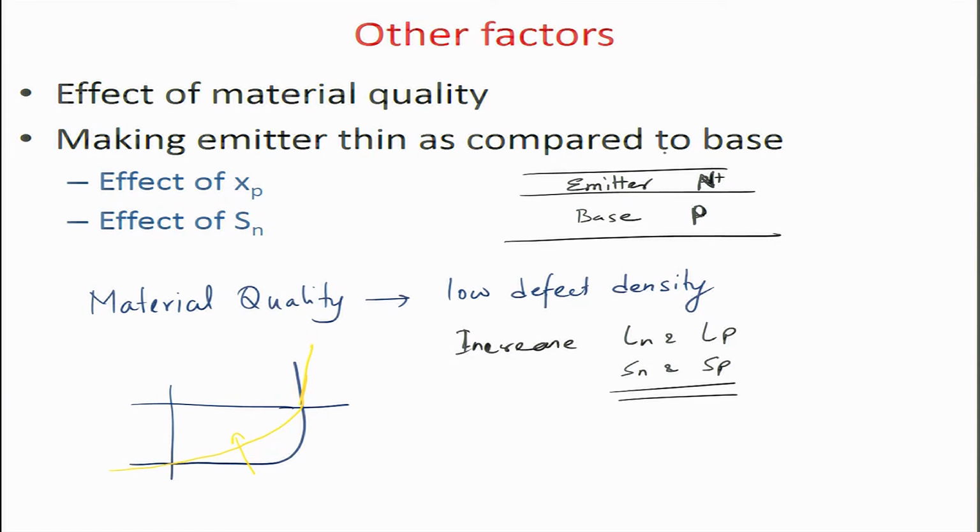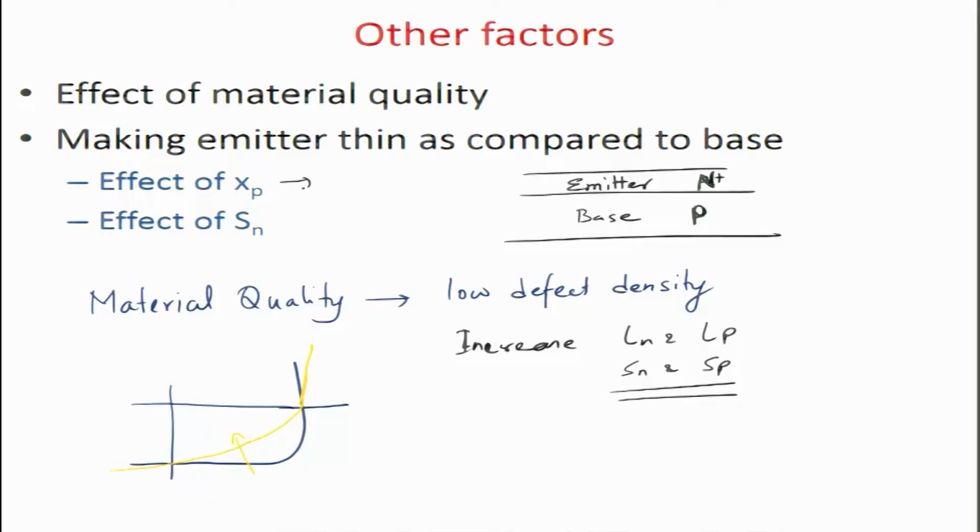So the emitter is generally made very thin as compared to the base, because the carrier recombination is larger in the emitter, and the carrier lifetimes are longer in the base. Electrons have longer lifetimes in the base. As a result, you can make the P side thicker as compared to the N side. So carriers travel a longer distance as it is.